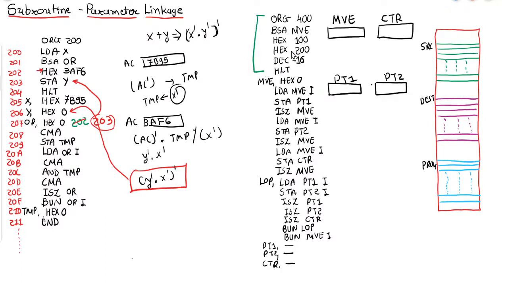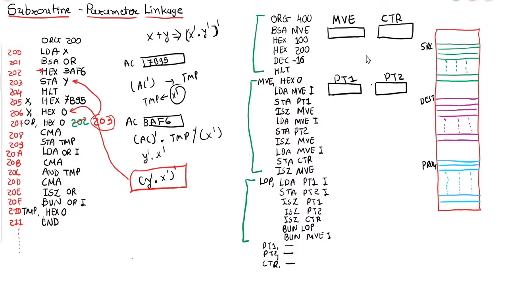The first part provides the initial addresses, the second provides the initialization of all the variable memory words which we are going to use throughout the program, and the third is the loop, which will help us transfer data from source to destination.